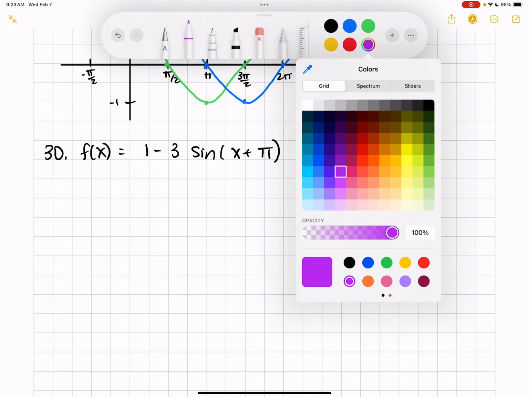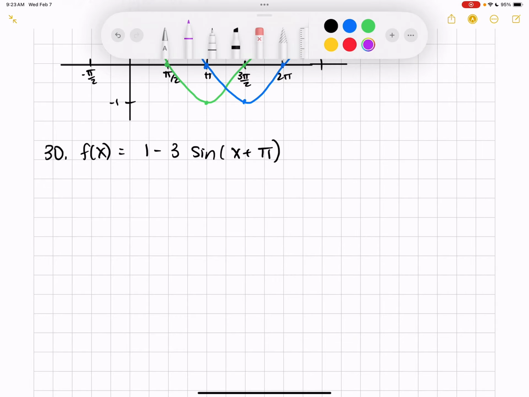So amplitude is what? 3. Amplitude is 3. It's always the number right in front of sine. Now, I'm going to rewrite this problem so that you see what's happening, because this 1 is actually our shift up.